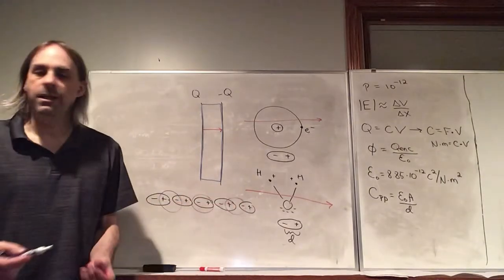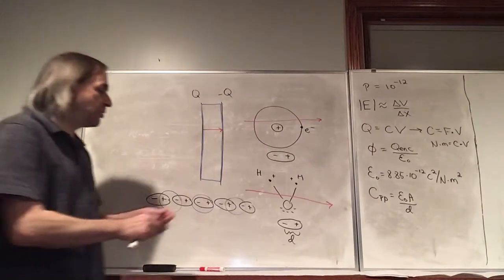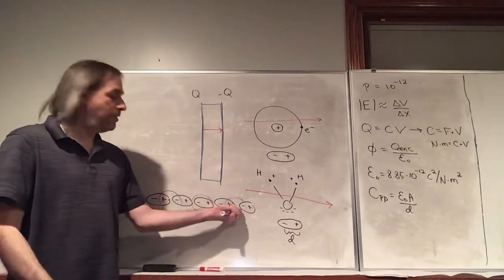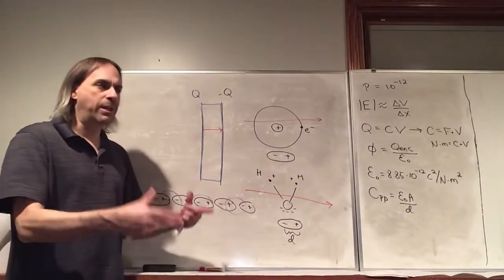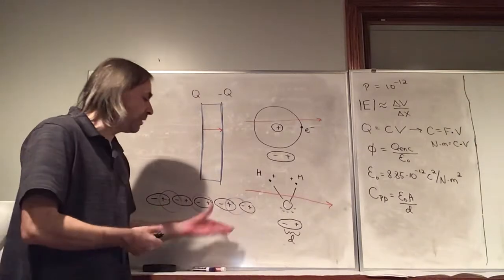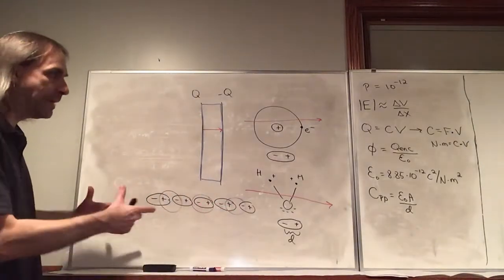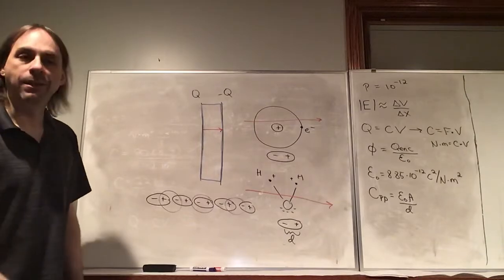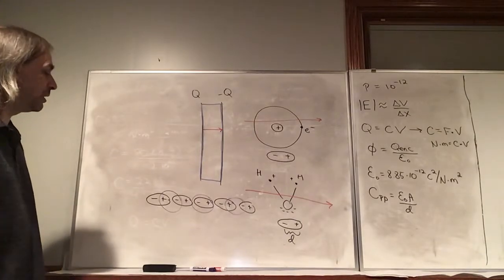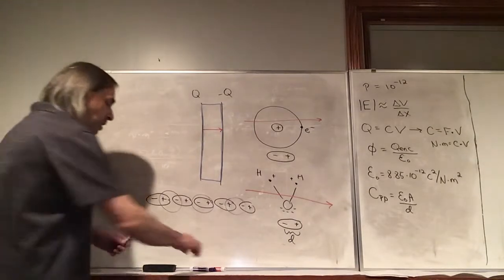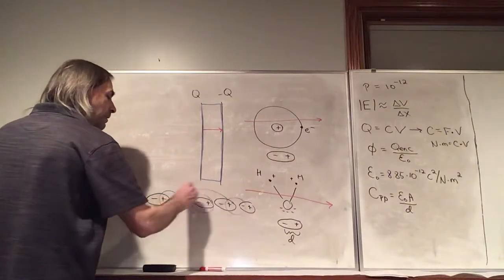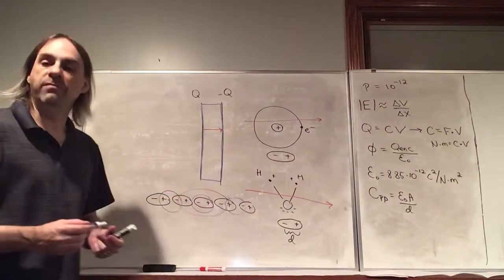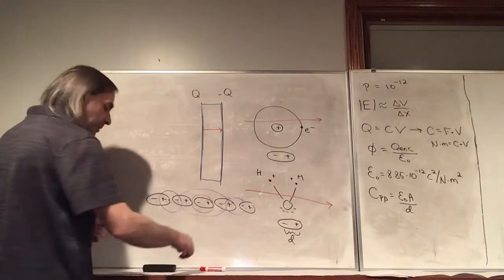If you make your circle small enough, you can maybe capture just one charge. But on any finite scale bigger than a single electron or the nucleus of an atom, we could draw a circle around a bunch of these interior things, and we're basically getting the same number of positive and negative charges.